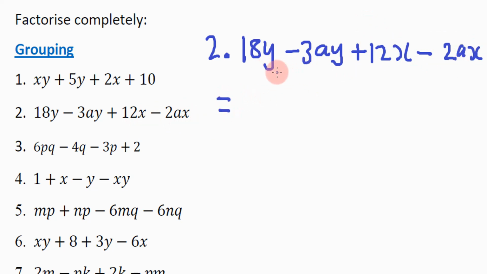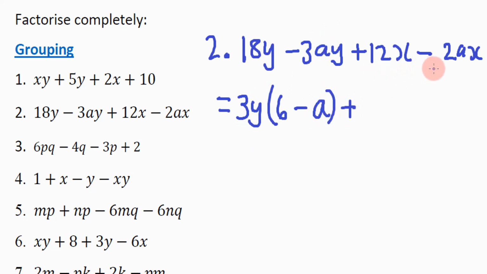We first work with the first 2 terms, and we look for a common factor. 3 is a common factor as well as y, so we can take out 3y. Then 3y times what will give us 18y? The answer is 6. Then 3 into 3 once, and y into y once, and we are left with a.